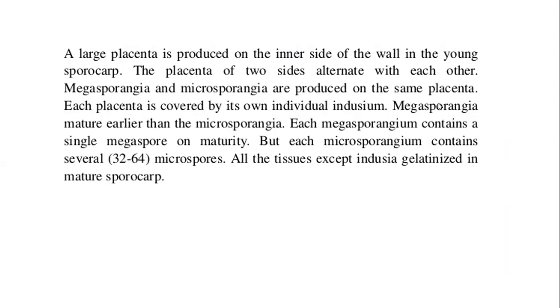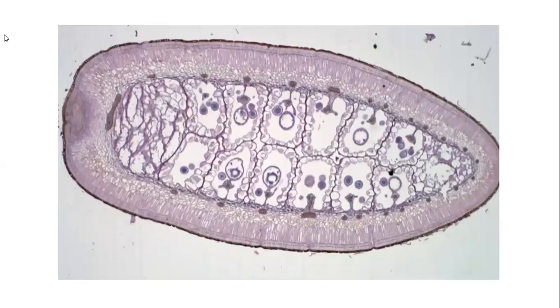The megasporangia mature earlier compared to the microsporangia, and each megasporangium consists of a single megaspore. This is another important point to be noted. I repeat this once again. Within the sporocarp, there are two chambers. Within each chamber, there is a row of sori.